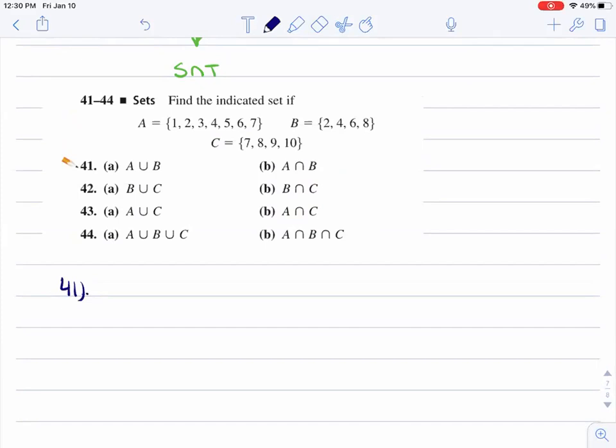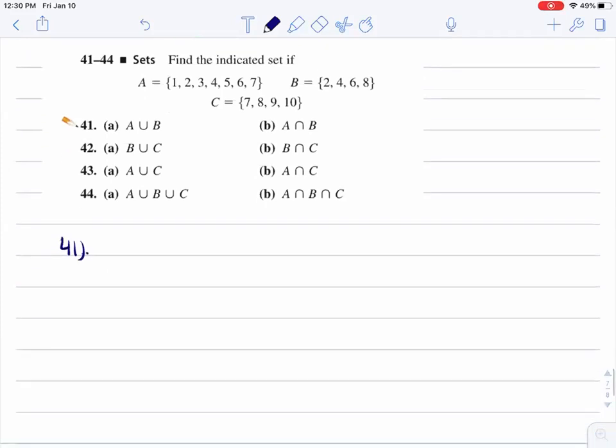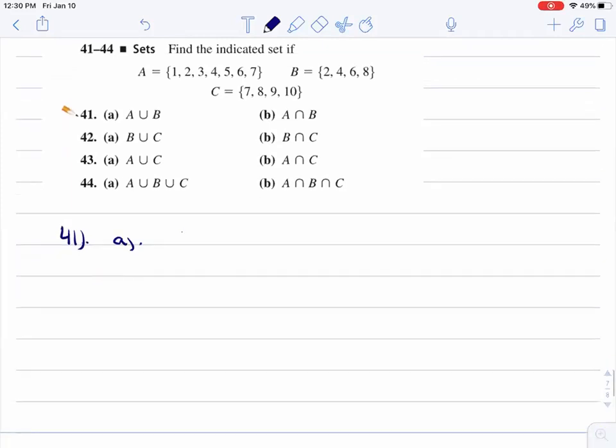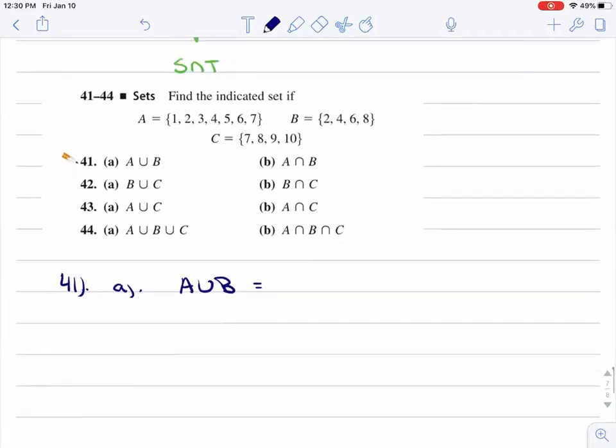Whereas if we look at A and B, only the overlap is that new set. It shouldn't be too bad to just work through all of these. We'll start with 41, A union B.